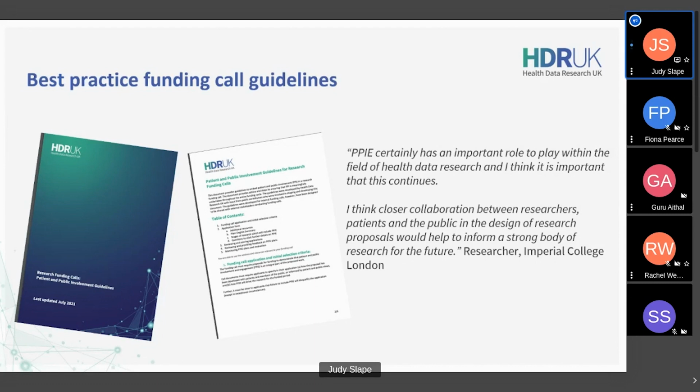These best practice funding call guidelines have been recently renewed after our second funding call when we've had additional learnings. I'll provide a link as well, actually, but you can also look up these best practice guidelines on our website.